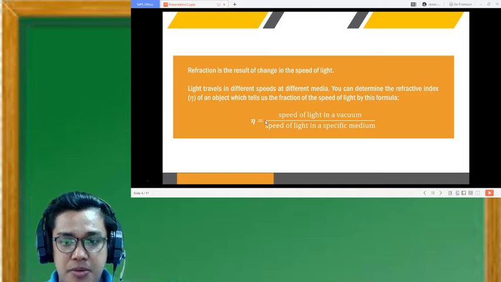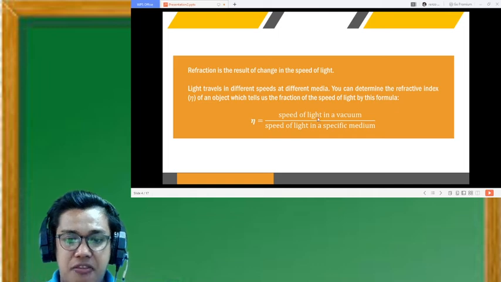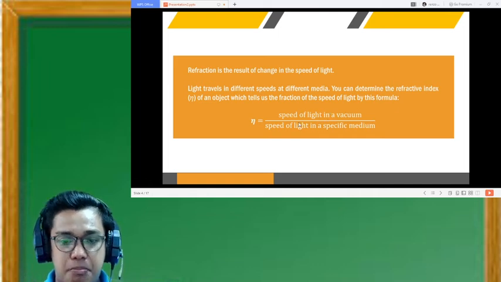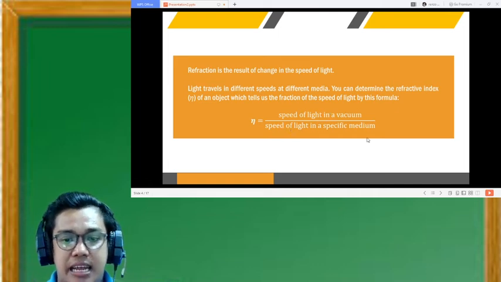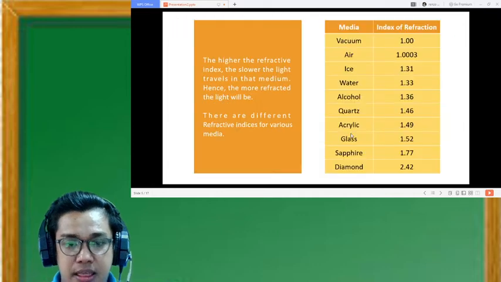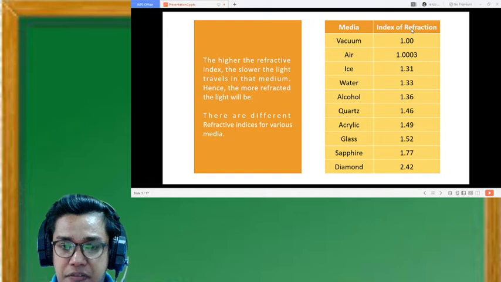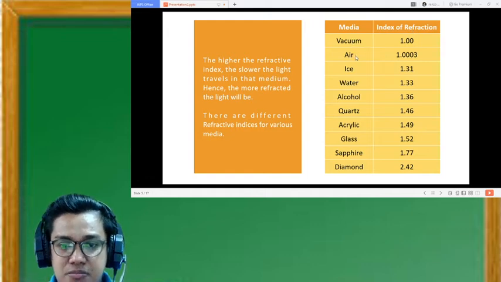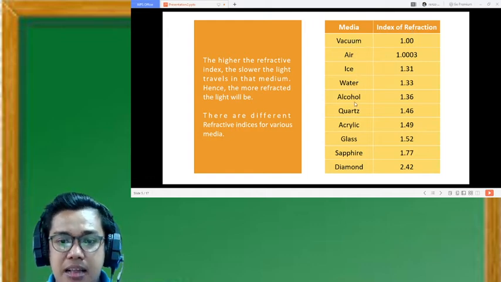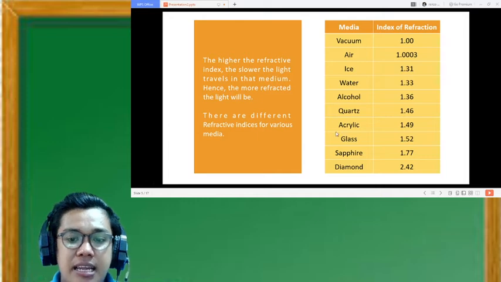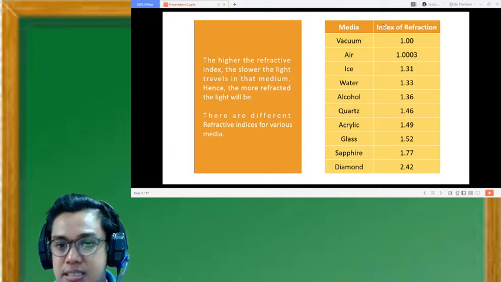So, the formula is: refractive index is equal to the speed of light in a vacuum divided by the speed of light in a specific medium. So we have here the media and the index of refraction: vacuum, air, ice, water, alcohol, quartz, acrylic, glass, sapphire, diamonds.